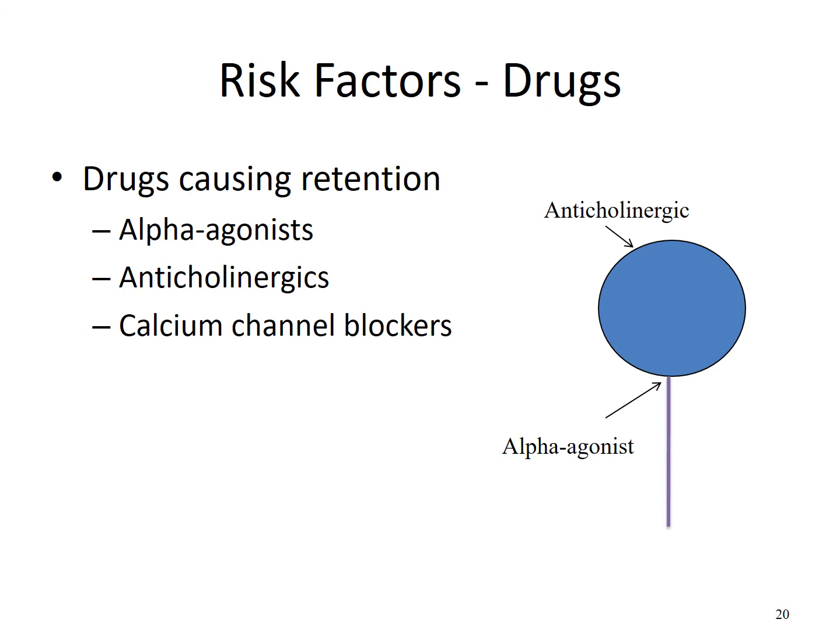Anticholinergic medications allow the sympathetic system to take control, and so the bladder is relaxed rather than contracted, and these medications cause people to retain urine. Calcium channel blockers that are often used in cardiology can also cause a relaxation of the detrusor. Not as profoundly as the other two medications I've shown on the diagram, but that can also be a risk.